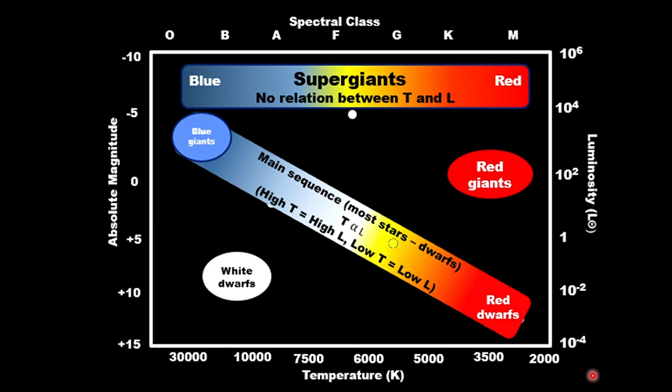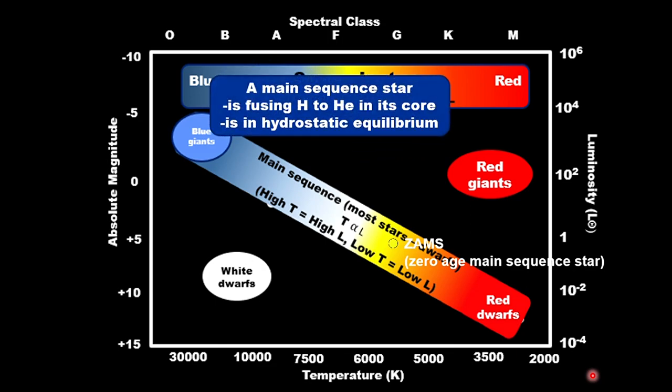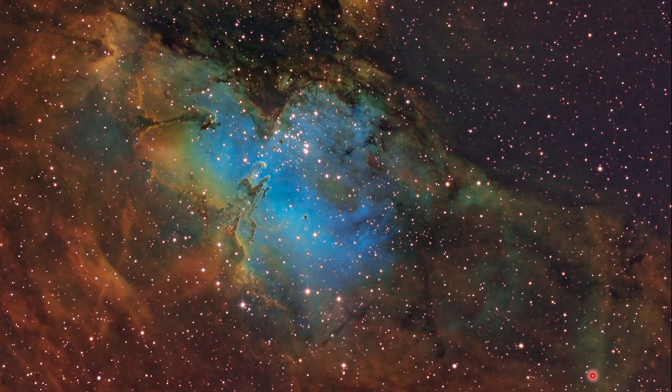And so we actually name stars that have just moved onto the main sequence as ZAMs. ZAMs stands for a zero-age main sequence star. And we can see these stars that have just moved onto the main sequence that are now fusing hydrogen to helium in their core and that are in hydrostatic equilibrium.